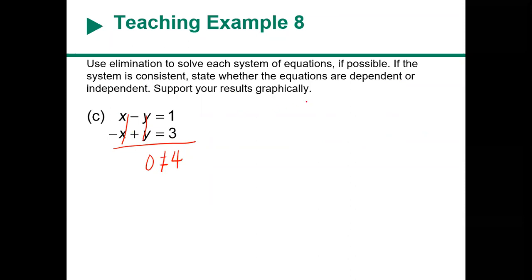So that means that this is an inconsistent system and there is no solution. Okay, so it's inconsistent and no solution. What that means is that these are two parallel lines.